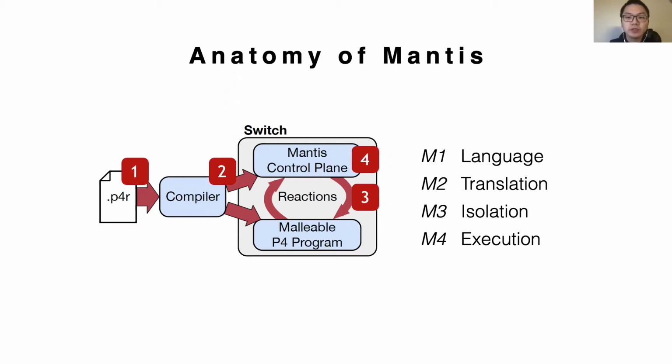First, I will introduce how to express reactive behaviors with P4R using concrete examples. Second, we'll walk through the code transformation that the Mantis compiler takes to enable hitless reconfiguration of the data plane. Then, I will elaborate on how Mantis isolates concurrent operations, and finally, I will describe the Mantis control plane execution flow.